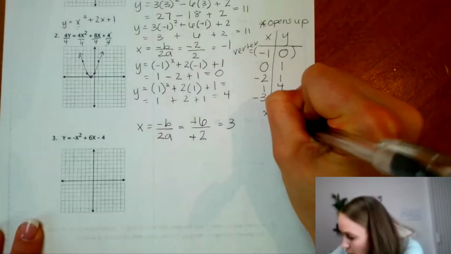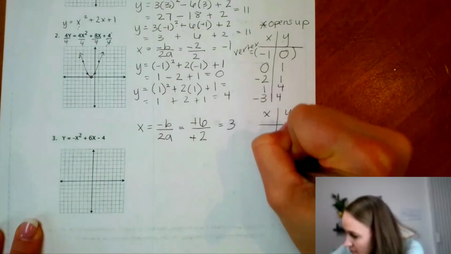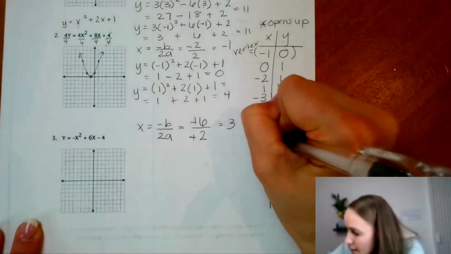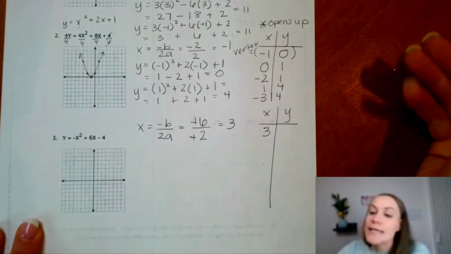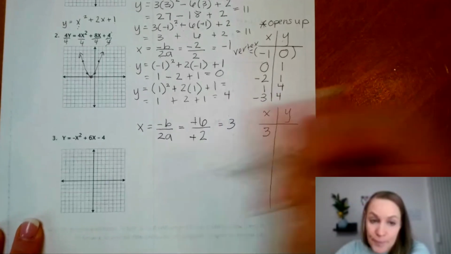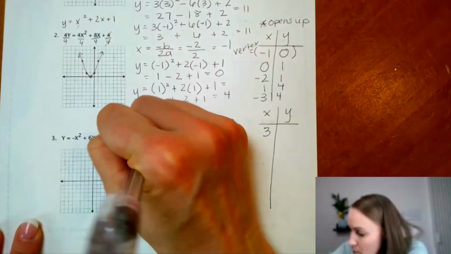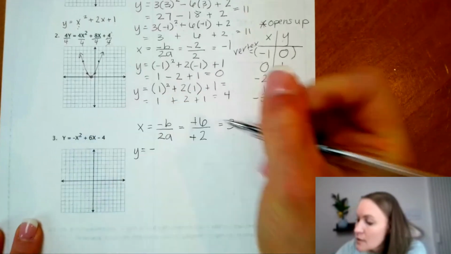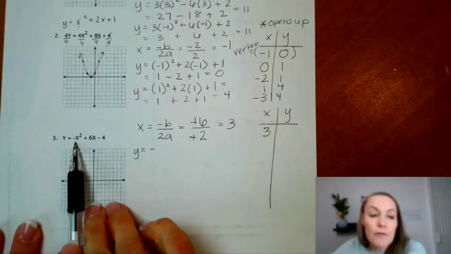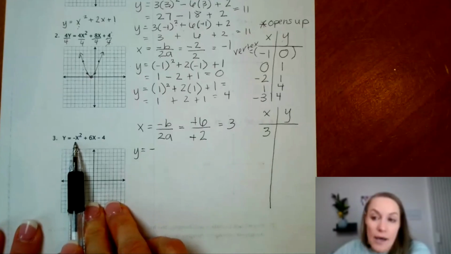Now I know that my vertex has an x value of 3, and I now need to find my y value. So y equals negative. Now we have to be very careful when we're plugging in our numbers. We are not plugging in -3, we're plugging in +3.